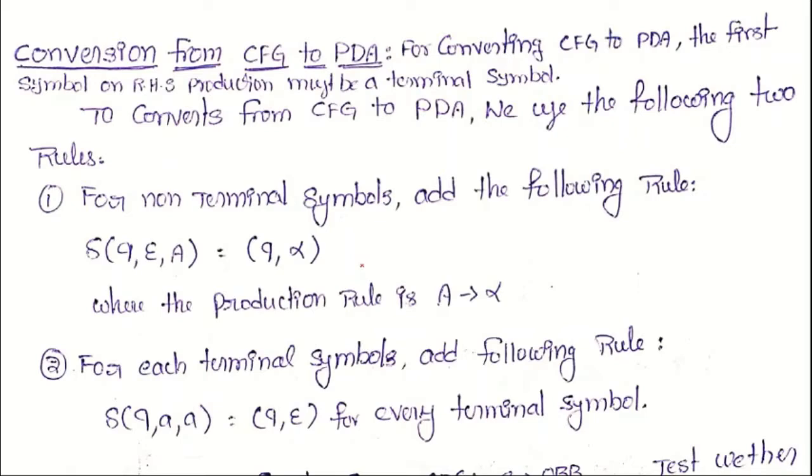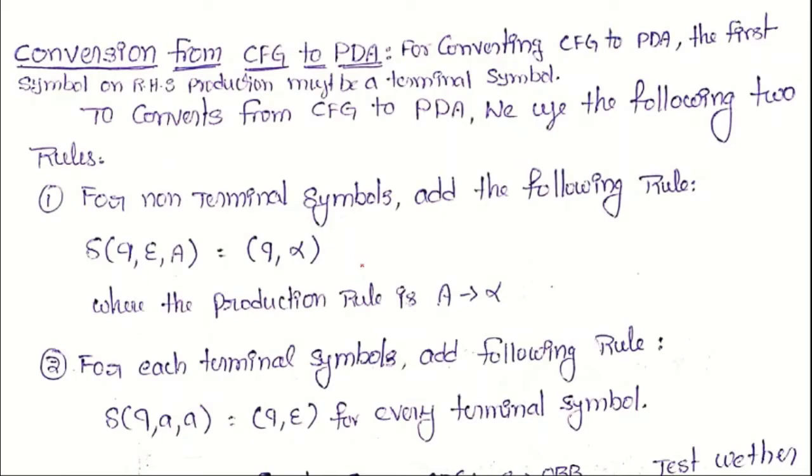That is the major restriction for the conversion. In case the given grammar is not in GNF, first convert the context-free grammar into GNF format and then convert it into the equivalent push-down automata.